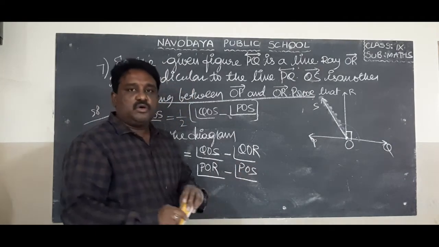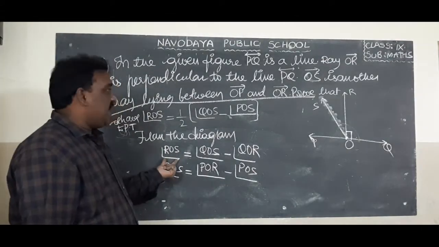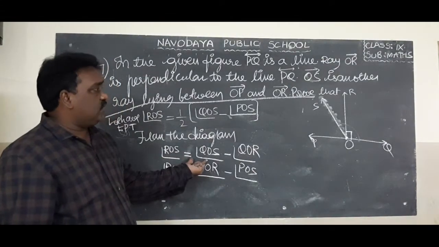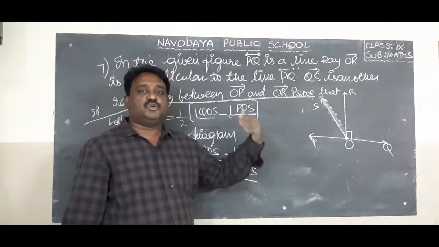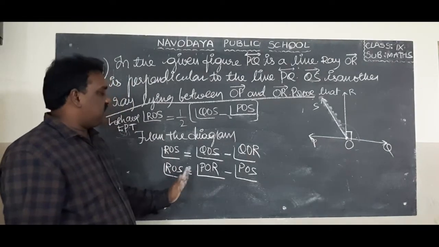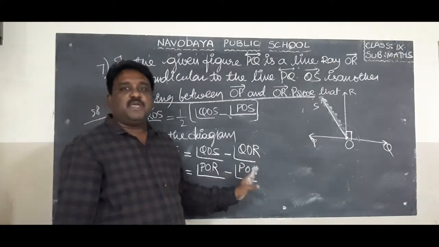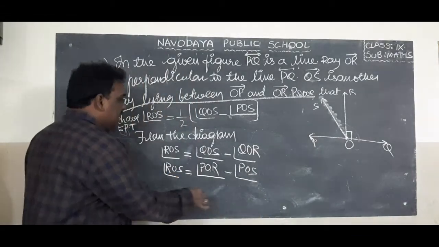Okay? So, two observations from the diagram. First one: angle ROS equals angle QOS minus angle QOR. The second one: angle ROS equals angle POR minus angle POS. Let us add both.